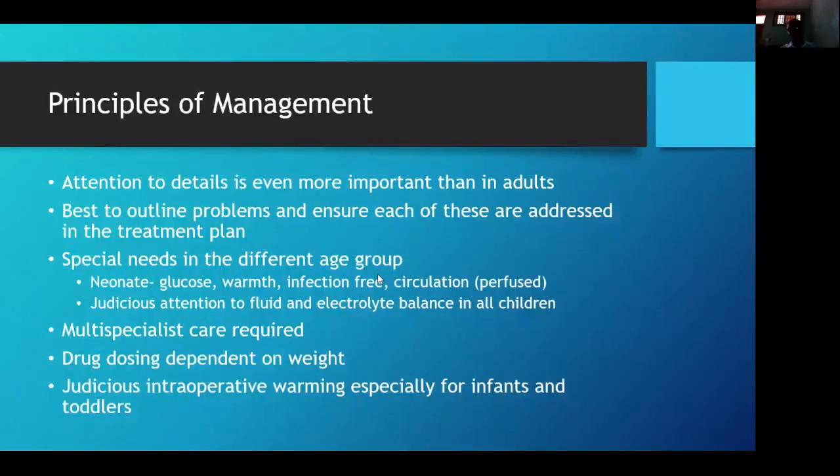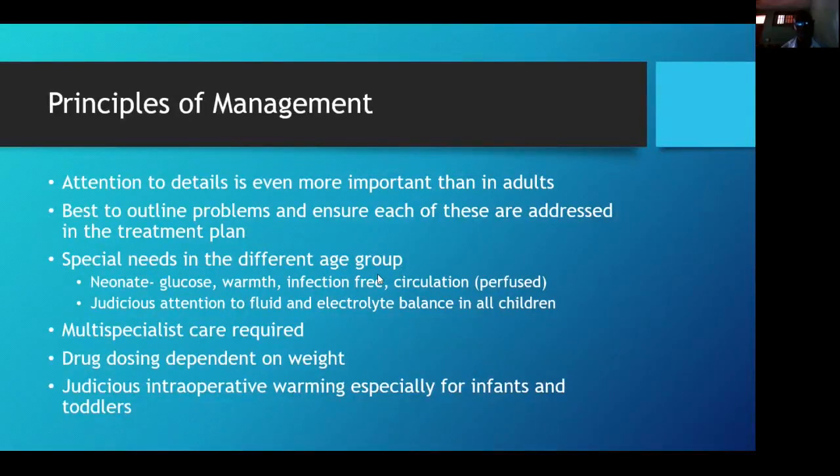When we talk about attention to detail, we talk about the need to identify problems, even problems that the patient never mentioned. Once we have identified these problems, we need to itemize each of them so that we make sure all of them are addressed when formulating a treatment plan.